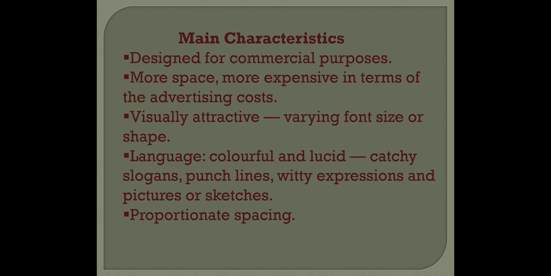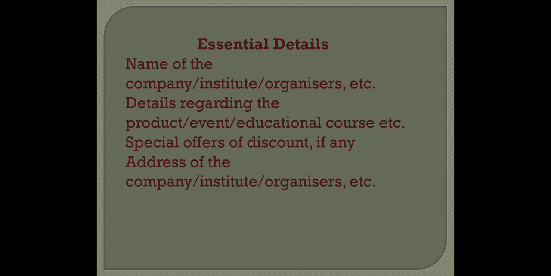No doubt we have to write a lot because we have to present all the qualities of our product, but even if we write a lot of matter and present it with proper spacing, then it doesn't look that heavy or verbose. So for that reason, we need to take care of the spacing and the arrangement of the words.